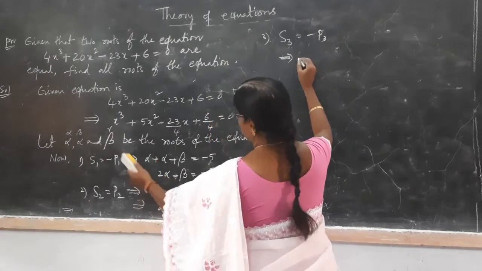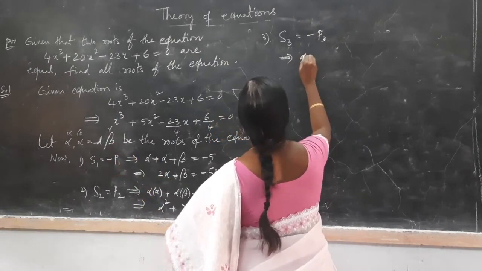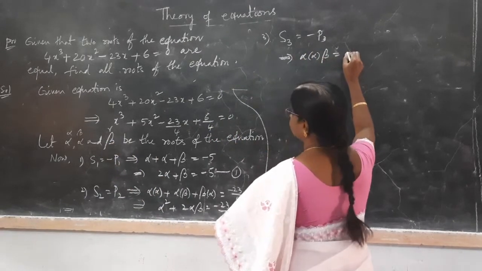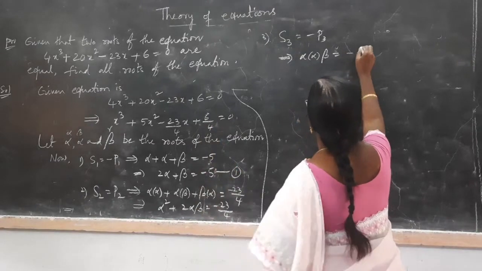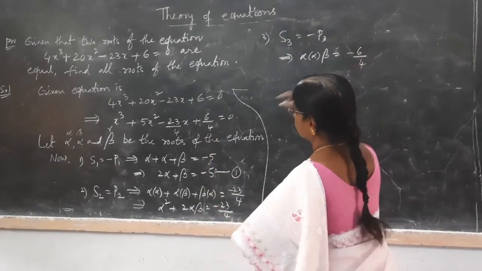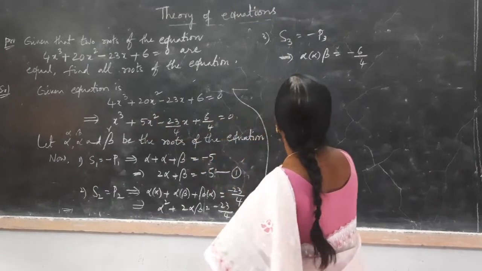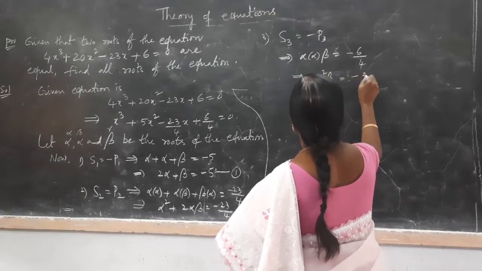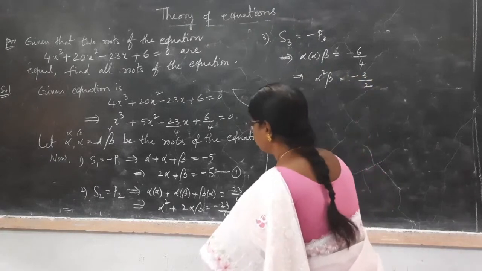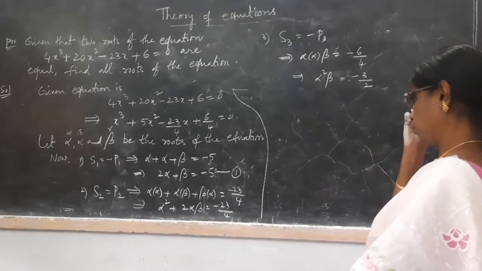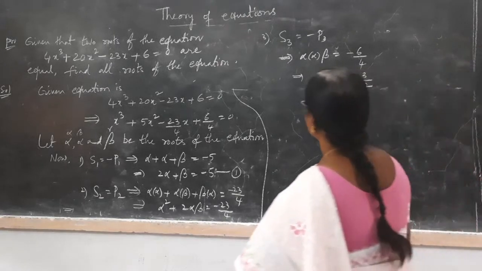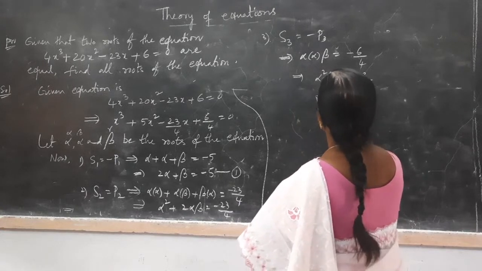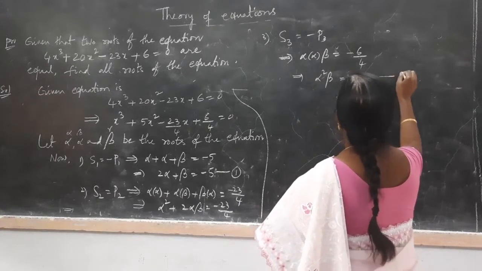S3 means alpha beta gamma, that is alpha square beta, is equal to minus P3, minus 6 by 4. This is P1, P2, P3. This implies alpha square beta is equal to minus 3 by 2. Okay, we don't need this third relation also.